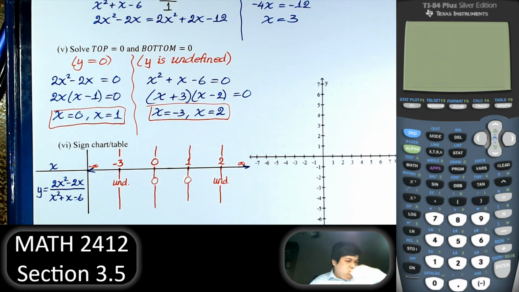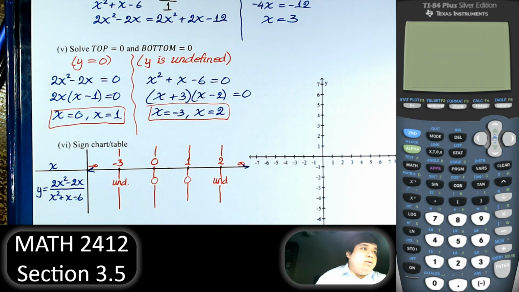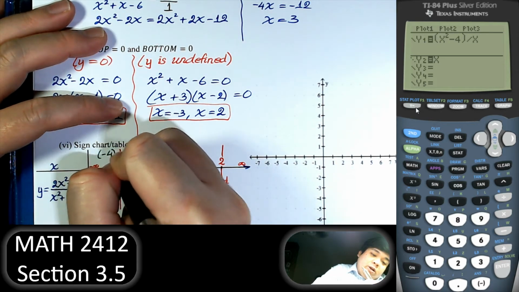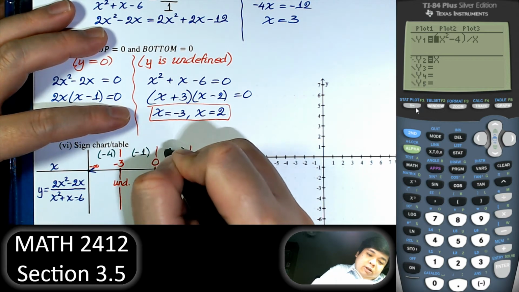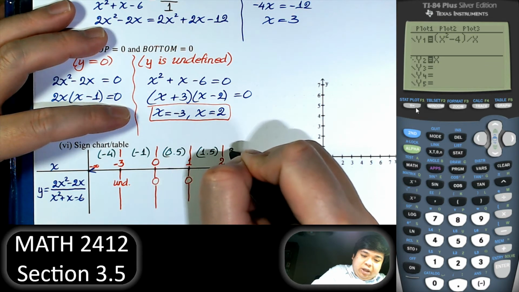Now let's find the values. Choose a number in between the intervals. So I choose a number first. How about -4, -1, 0.5, 1.5, and 3.